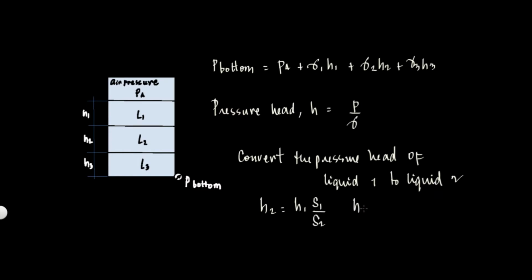Or it can also be in terms of density: h1 times rho 1 over rho 2, or density 1 over density 2. Or in terms of unit weight, it can also be h2 equals h1 times the specific weight of the first over the specific weight of the second.